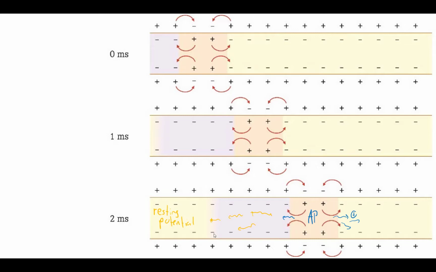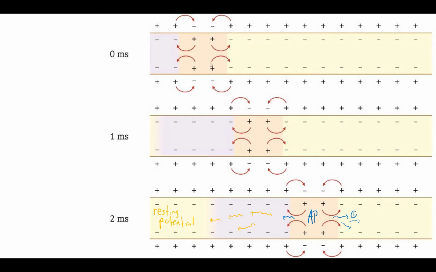So the answer to why the action potential moves along the axon is that the sodium will diffuse inside the axon, and it has some kind of domino effect. So basically, as it moves along, it causes a new action potential from one area to the next.